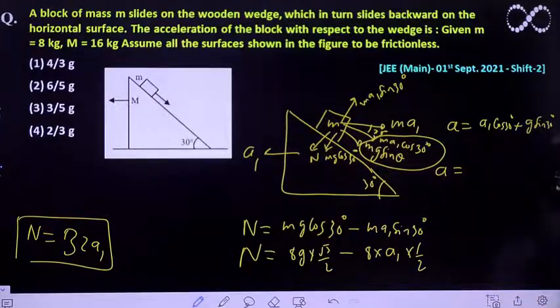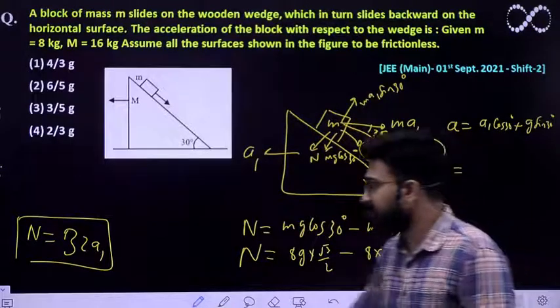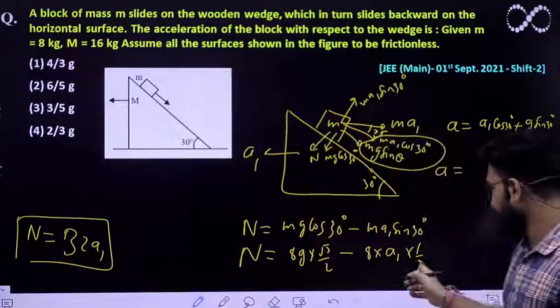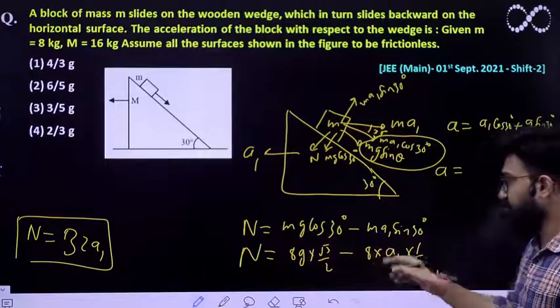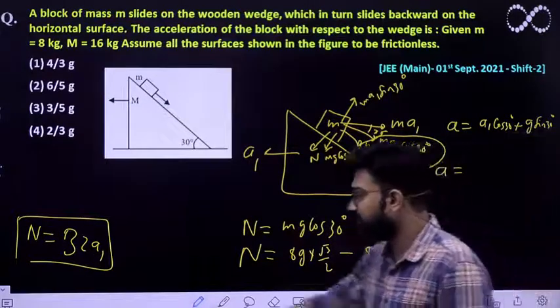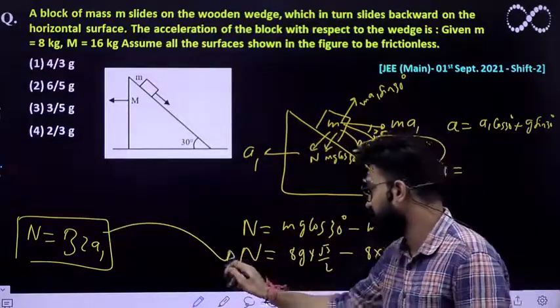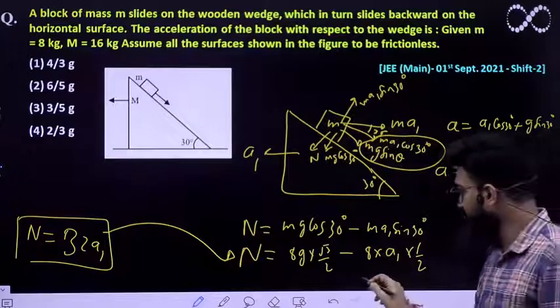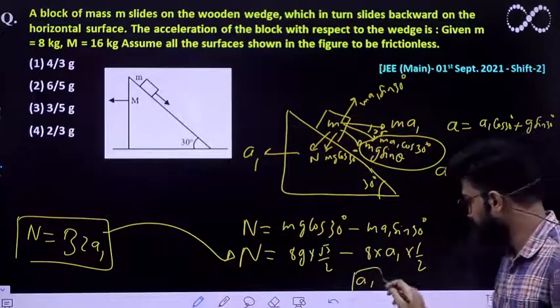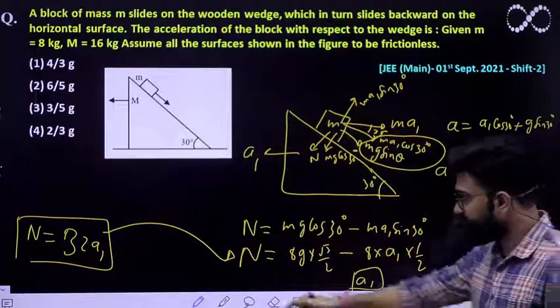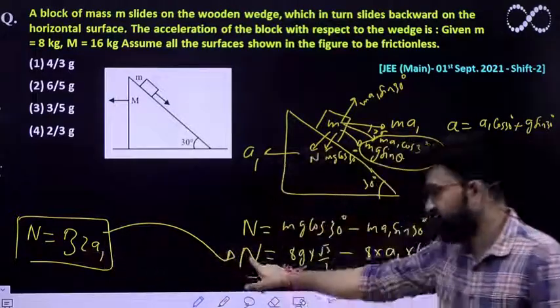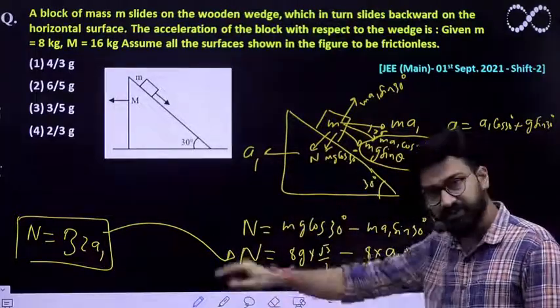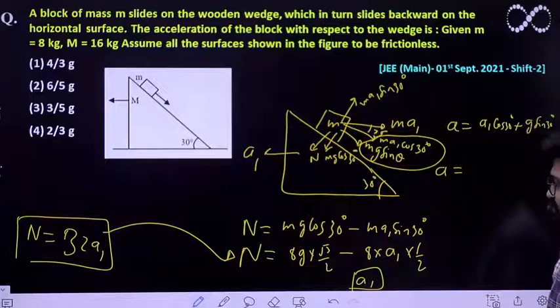So what is the value of a1? a1 is N by 32, and we also get the expression of N and a1 over here. We can easily put the value of normal over here so that you'll get an expression of a1 in terms of g.